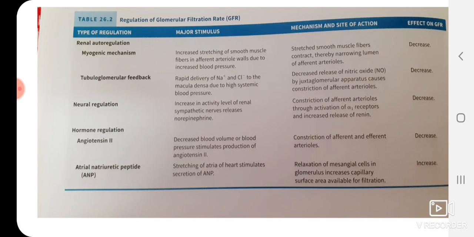So in renal autoregulation, the myogenic mechanism: the increase in stretch on the smooth muscle fiber of the afferent arteriole wall is due to the increase in blood pressure. The stretched smooth muscle fiber contracts, thereby narrowing the lumen of the afferent arteriole.